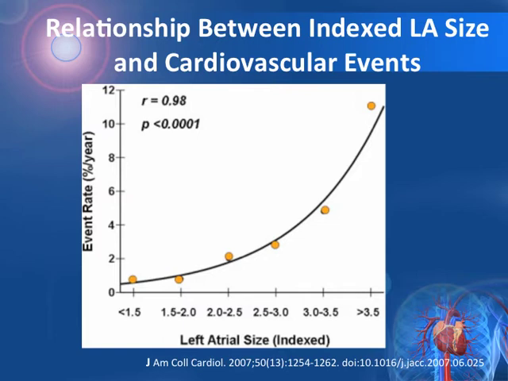And you can see there's a significant rise in event rate from 2.5 and above. So clearly correlation between the left atrial size and incidence of myocardial infarction that end up being fatal. Non-fatal myocardial infarctions or cardiac death.